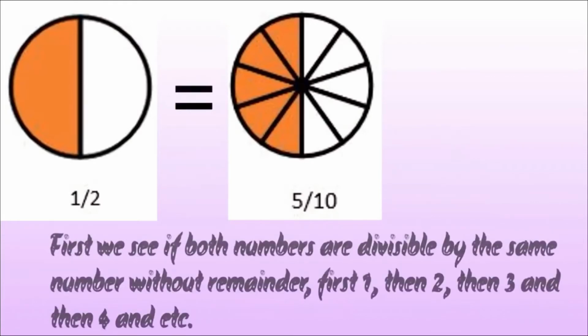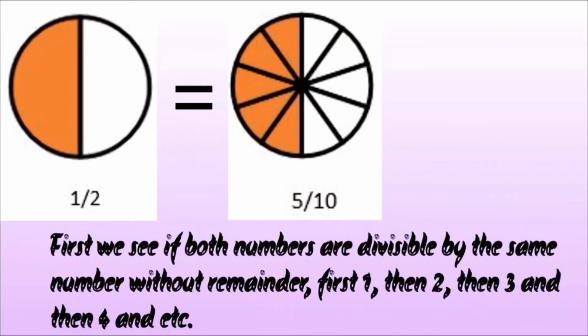How? First, we see if both numbers are divisible by the same number without remainder. First we see with 1, then 2, then 3, and then 4, and etc.